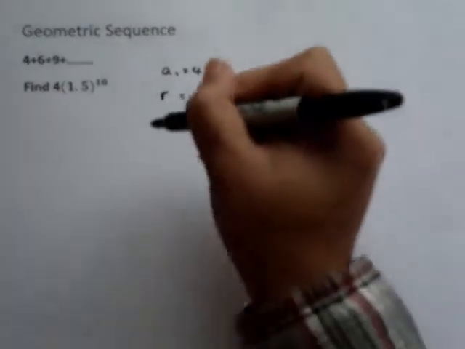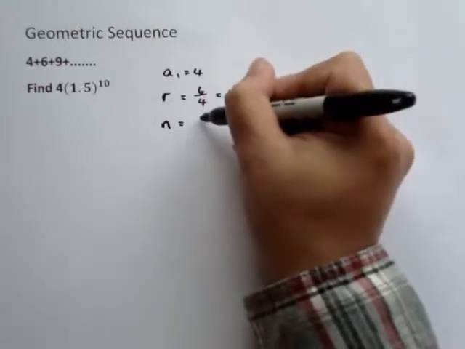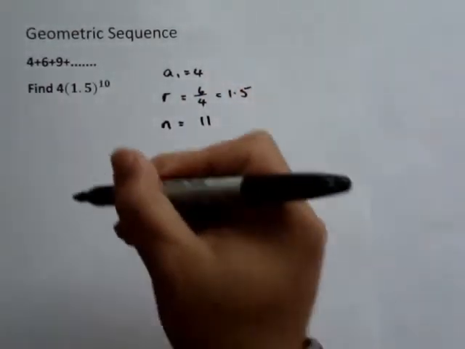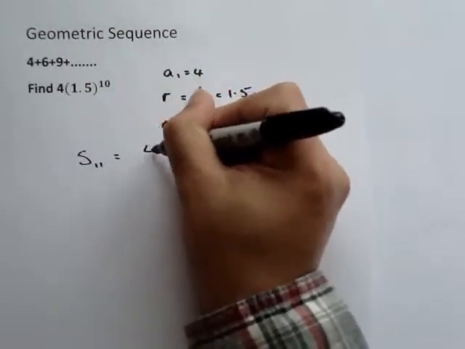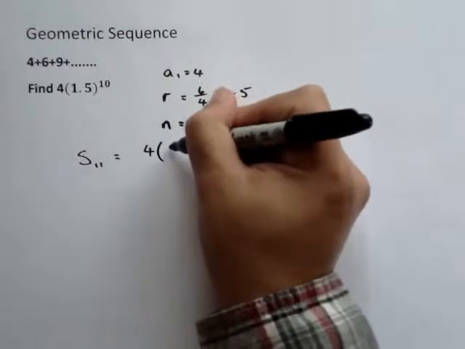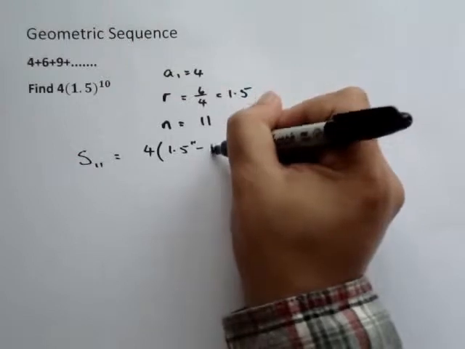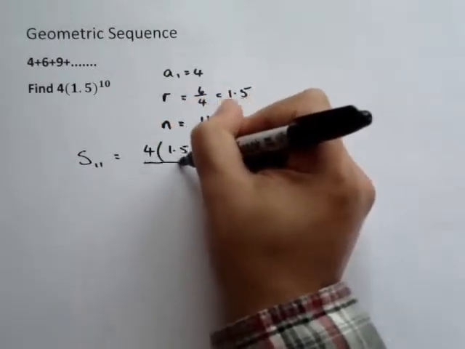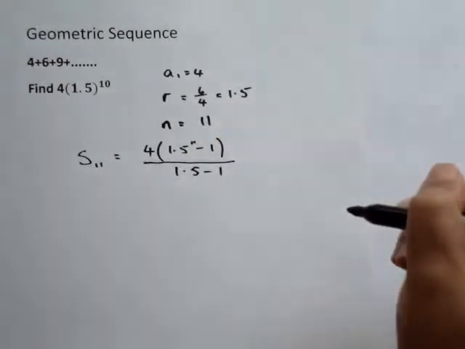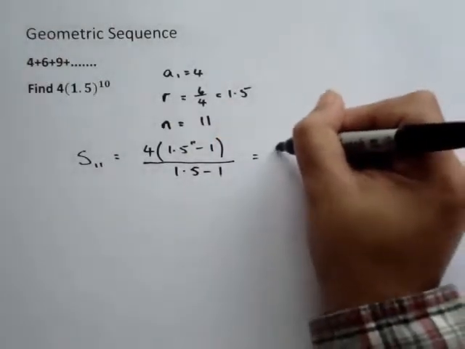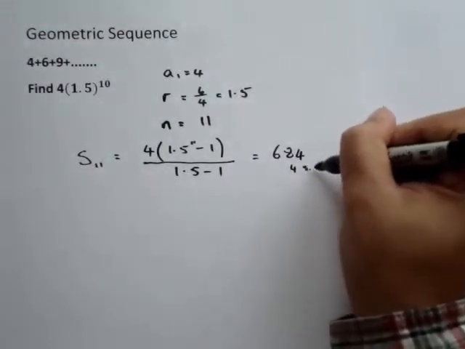And then the number of terms we're going to go to is the 11th term, which is 11. So our S11 would equal 4 times 1.5 to the 11 minus 1, all over 1.5 minus 1, and this equals 684 to 4 significant figures.